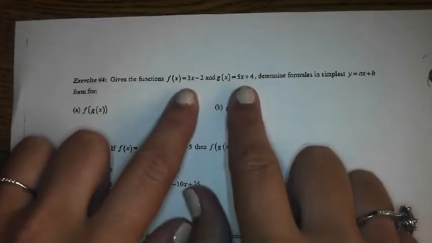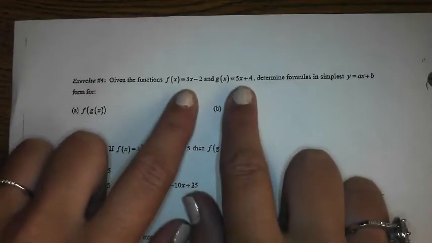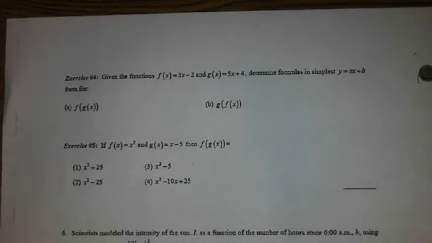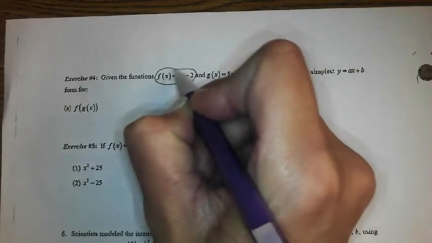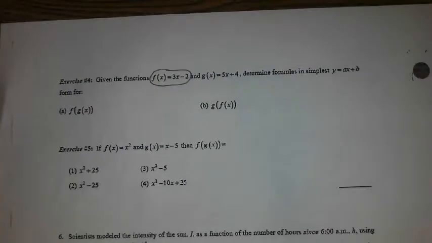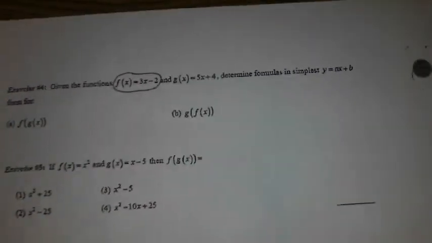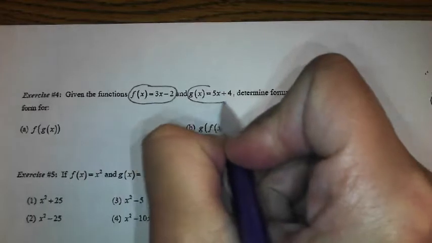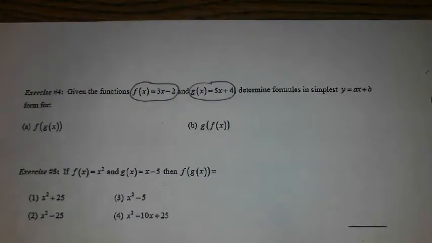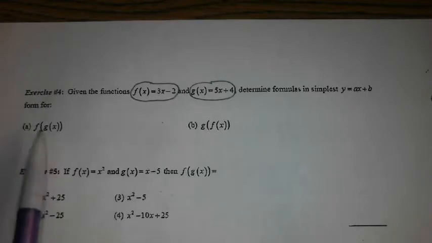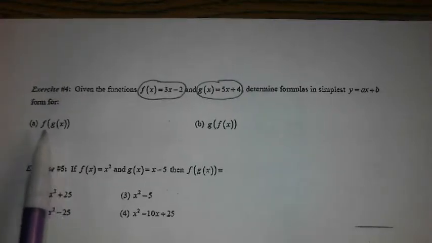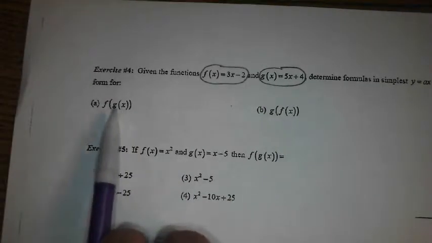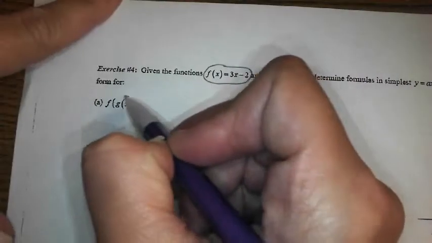We can also do this like we did yesterday with polynomials. So in this exercise 4, given the function f of x, I'm just circling it so it pops a little more. Given the function g of x, we're going to determine the formula for f of g of x. Okay? So now I don't have a number to plug into g. I just have g of x.